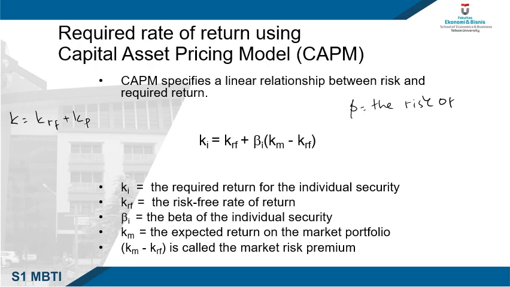So beta: in the previous slides I said that the risk can be calculated through the standard deviation, right? But now, beta is also the risk, but the risk of an asset based on the market.